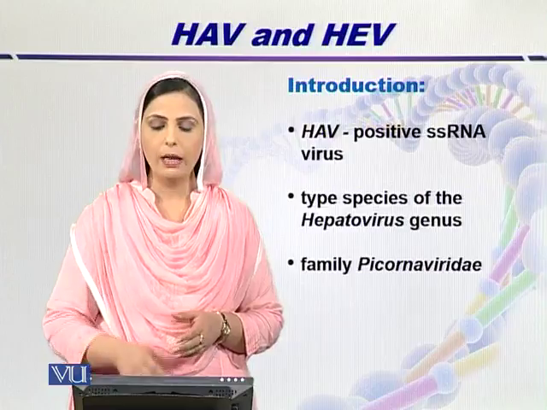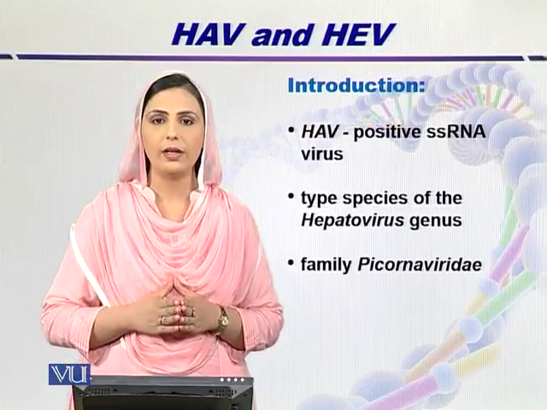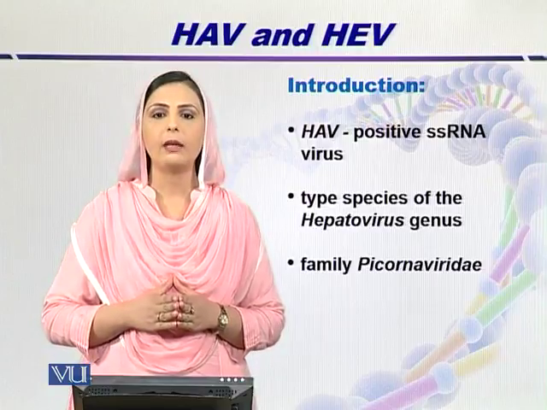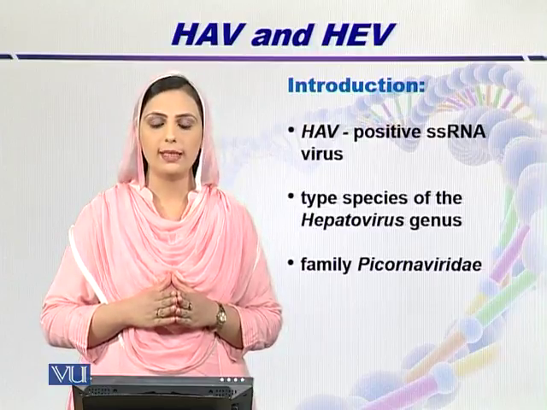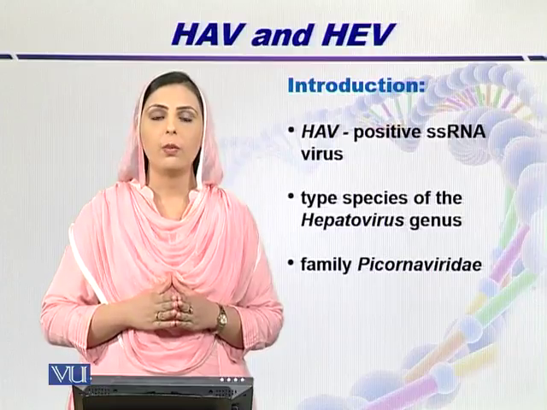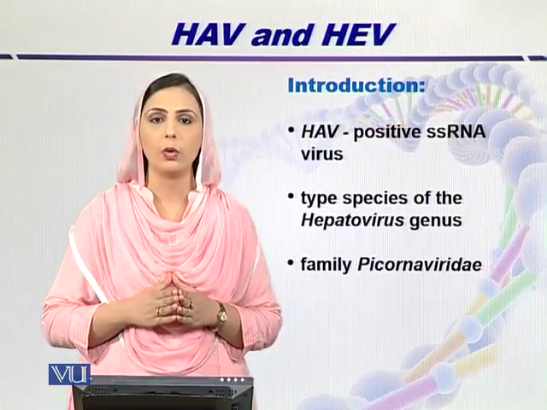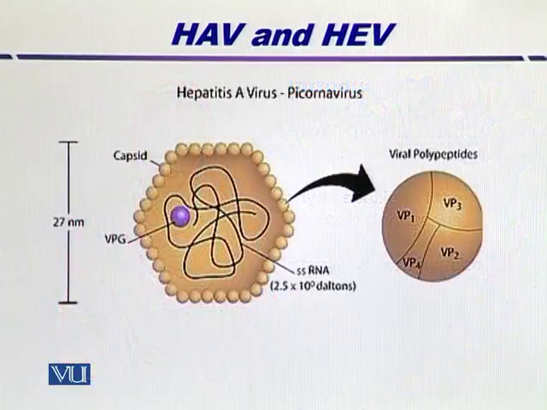Now let's talk about hepatitis A virus first. It's a single-stranded RNA virus and belongs to a genus known as hepatovirus, while the family to which hepatitis A virus belongs is Picornaviridae. This is the structure of hepatitis A virus.